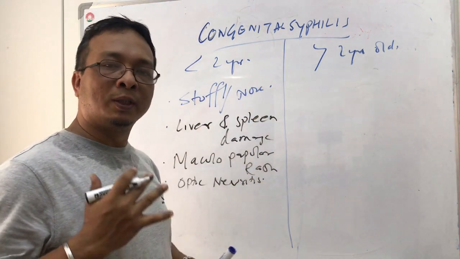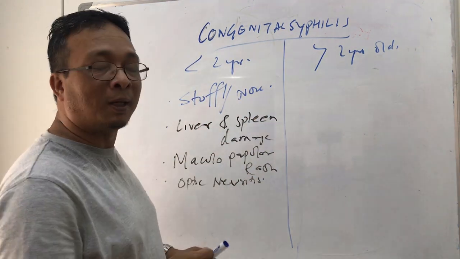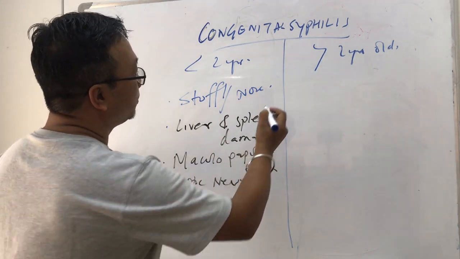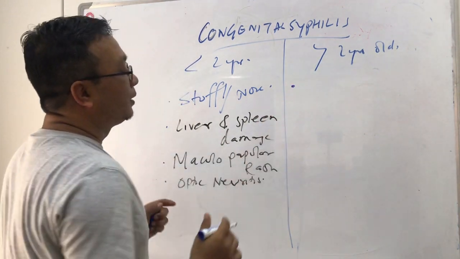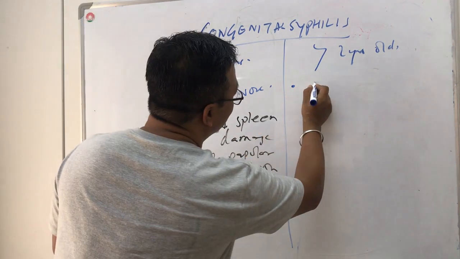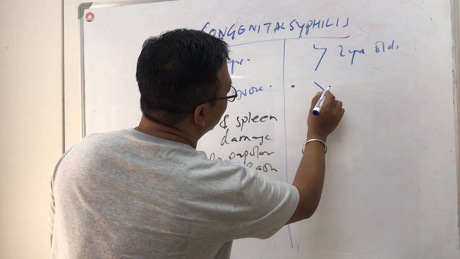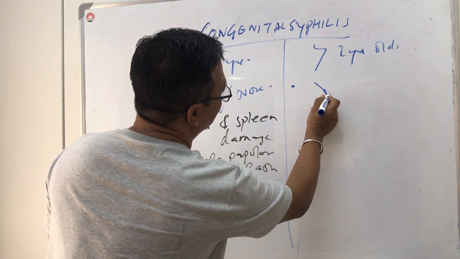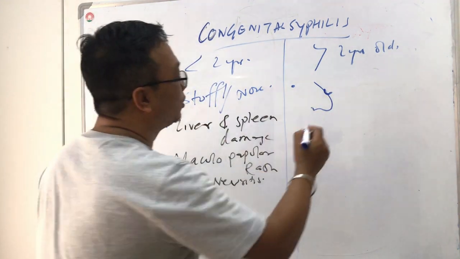When the baby is more than 2 years old, it can result in other deformities. The nasal septum can be depressed, so it looks like a saddle, and we call it saddle nose.